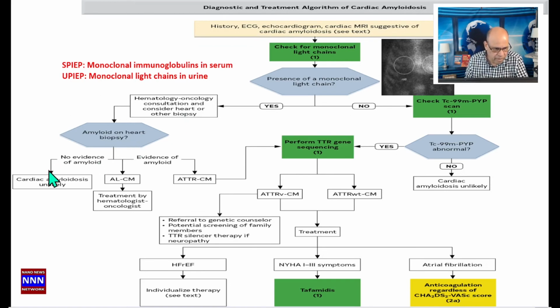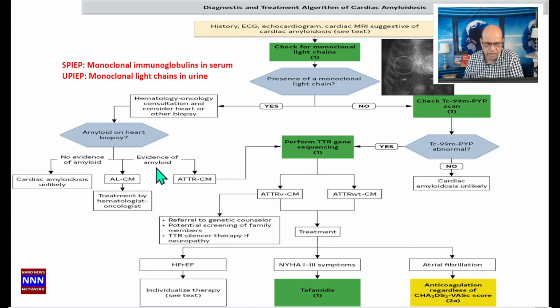And if amyloid deposition is seen in the heart, then there is the diagnosis of cardiac amyloid. If it is predominantly noted in the plasma cells in the bone marrow, then they go through hematological evaluation and the treatment is based on that.